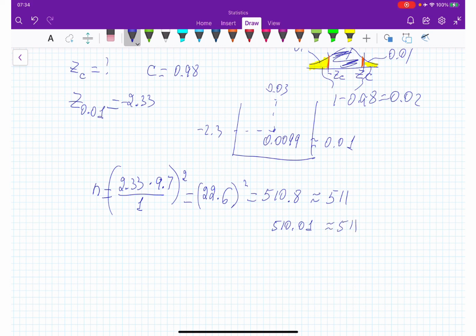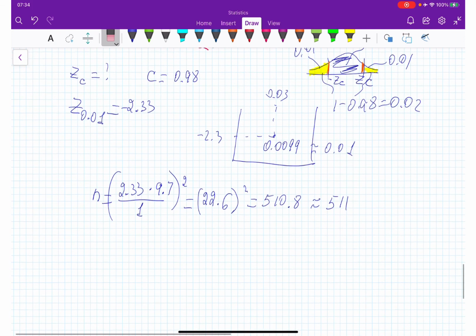This is not a mathematical rounding, it's just that 510 is the minimum, so nothing will hurt to get the next higher. You need more than 510 by 0.1, right? You can't take 0.1 of a person, but you can take the whole person, which will bring us to 511. That's my point.